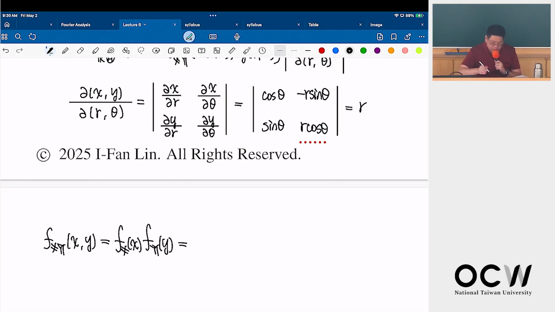Both are Gaussian with zero mean and sigma squared for the variance. So 1 over 2 pi sigma squared, exponential minus x squared plus y squared divided by 2 sigma squared.